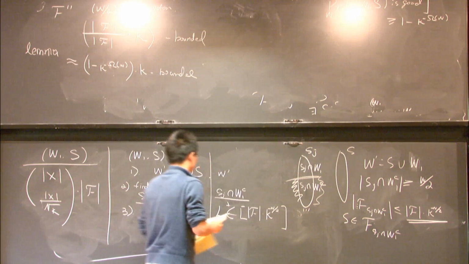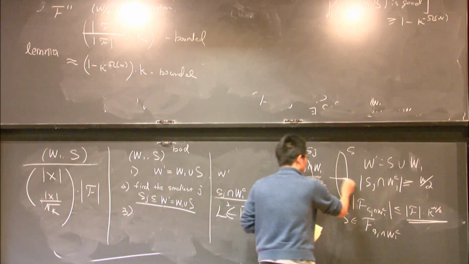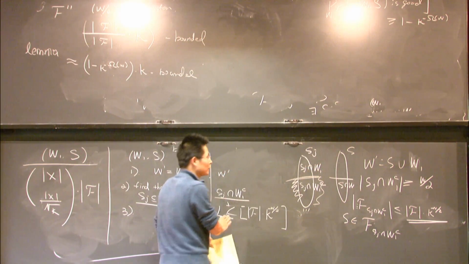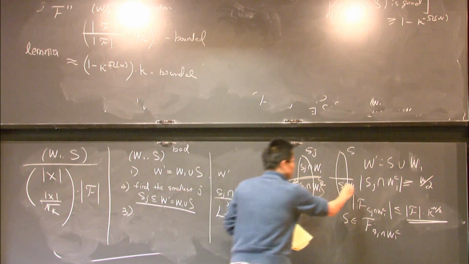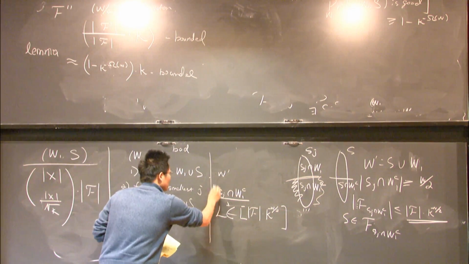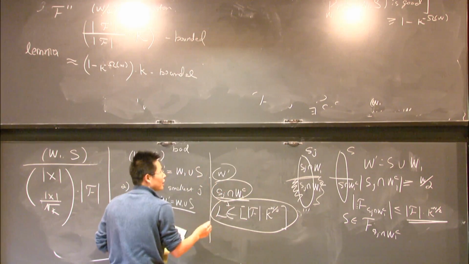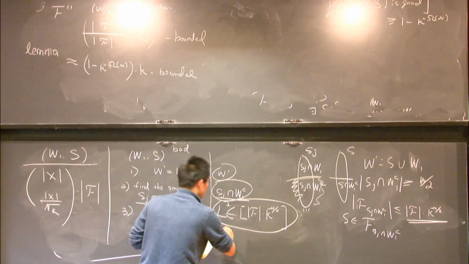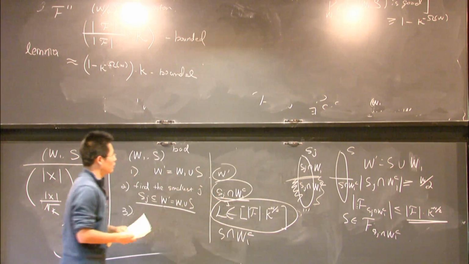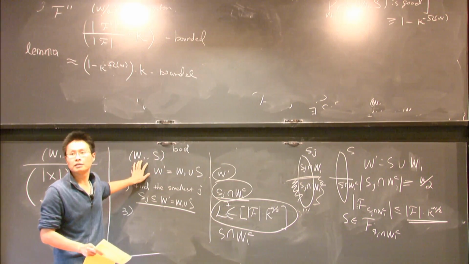Just output the L. And the last thing is to encode this part, S intersect W1 complement. Now given L, we can identify S. Now given these four parts, we can recover everything. We can recover all of the bad pairs.